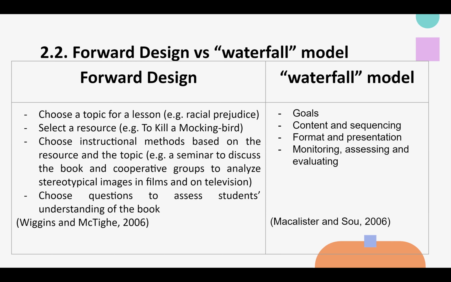Now let's compare to the waterfall model of McAllister and So 2006. The sequence of the waterfall model includes goals, content and sequencing, formats and presentation, monitoring, assessing, and evaluating. So as you can see, the forward design approach and the waterfall model are similar to each other.